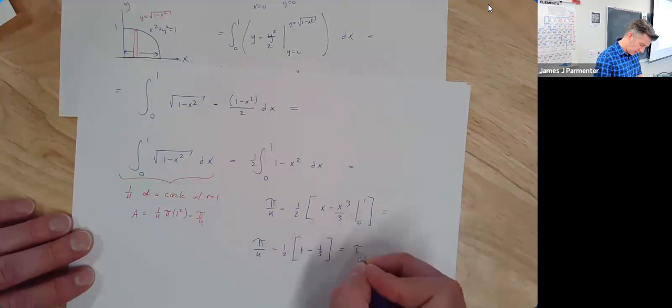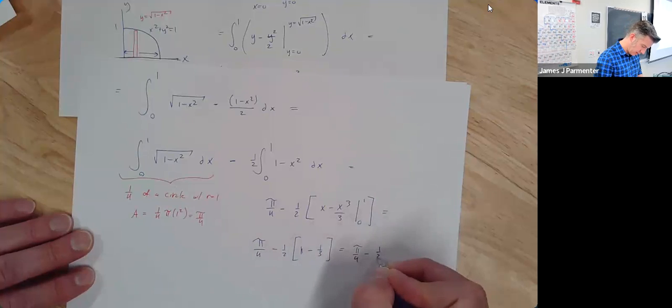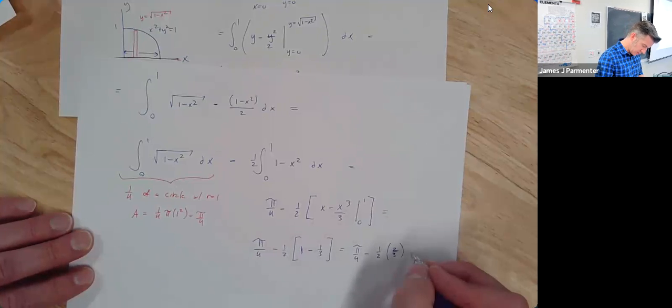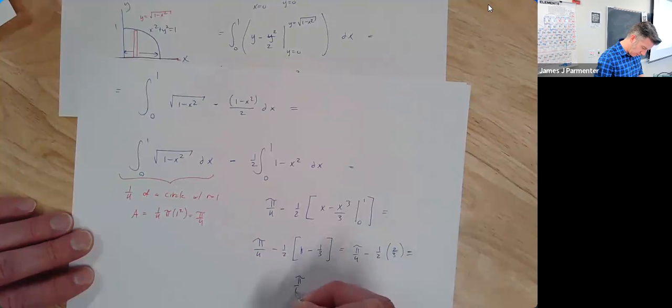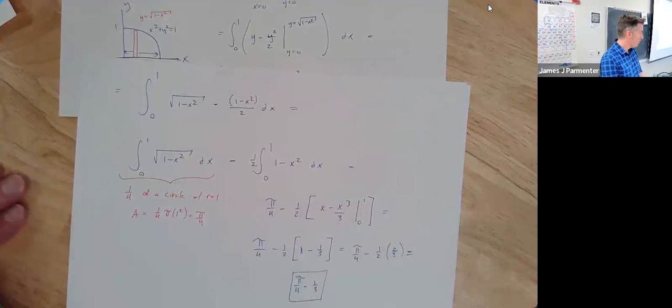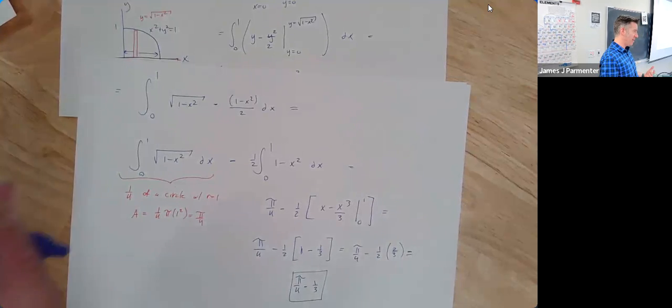So then 1 minus 1/3 is 2/3. 1/2 times 2/3 is 1/3. So you end up getting a volume of pi over 4 minus 1/3. Which I would just point out is positive, because I was like, is my volume actually positive? Yes, it is. Great. I'm happy.